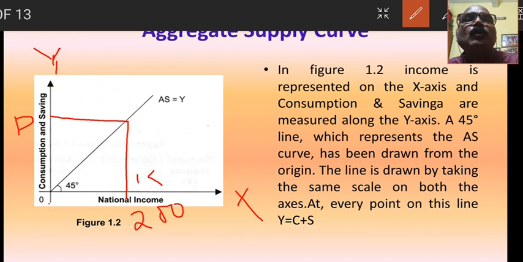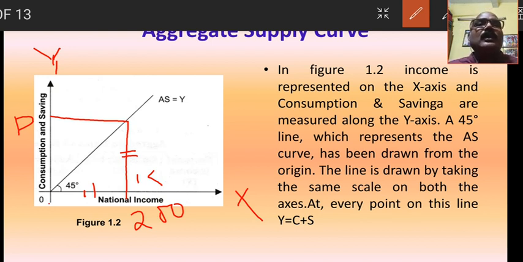to OK. So the value of OP must be the same as OK. Only then the value of C plus S will be the same as national income or aggregate supply. Aggregate supply is C plus S, and C plus S and Y both are the same in the table. So if this will be the 45-degree line, then you say that this is equal to this according to the geometry, because it is a right angle isosceles triangle. So the value of this national income and this value of C plus S are both the same.